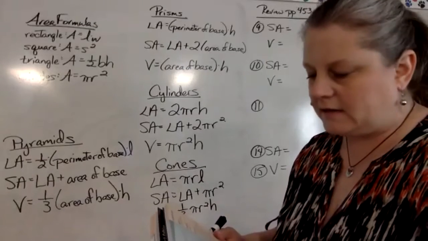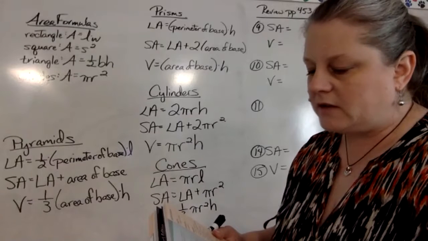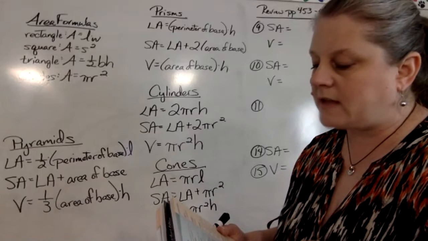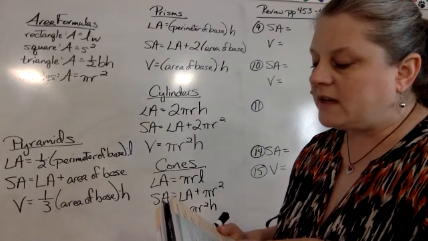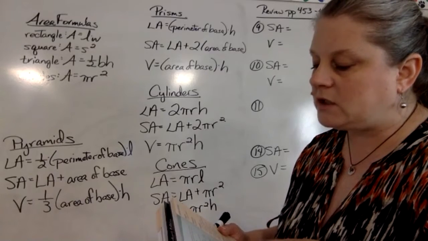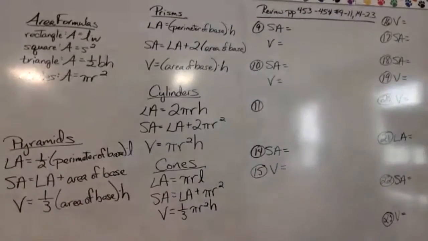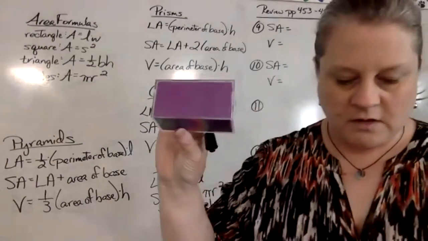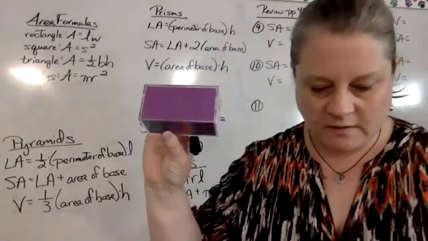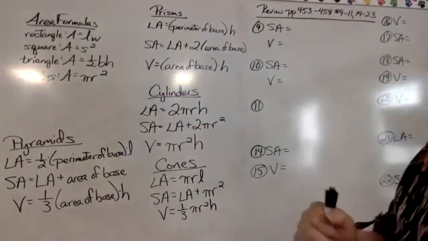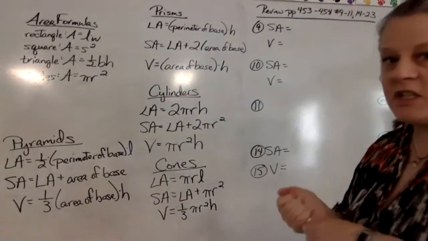It says, for number 9, surface area and volume of a 13-inch tall rectangular prism with an 8-inch by 22-inch base. So it's a rectangular prism. So remember, rectangular prisms kind of look like this, okay? So it says it's 13 inches tall.